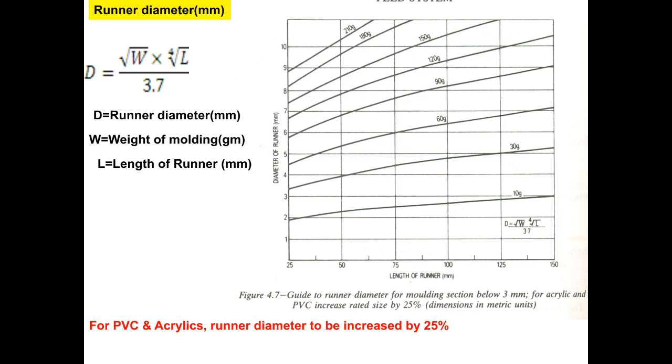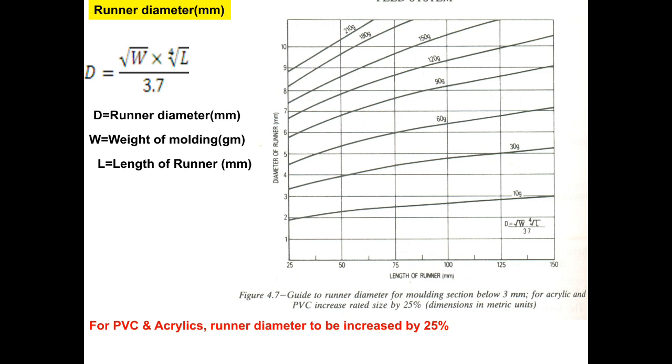On the x-axis, the length of the runner is given in mm, and on the y-axis you can select the runner diameter in mm. If you take 50 mm as the runner length and 60 gram as the weight of the component, those are the curved lines; you can observe 60 gram, 50 mm is the length of the runner, and 60 gram is the weight of the component.